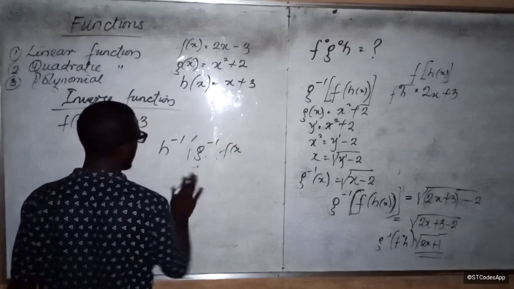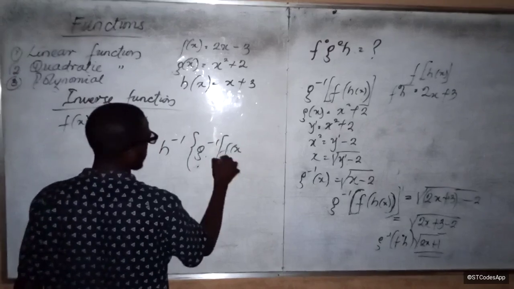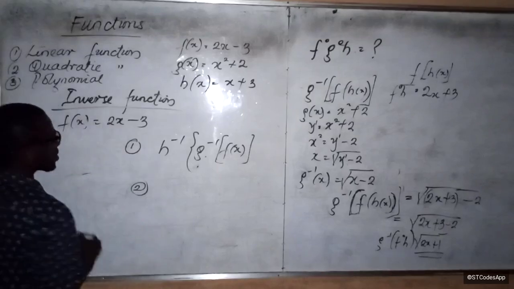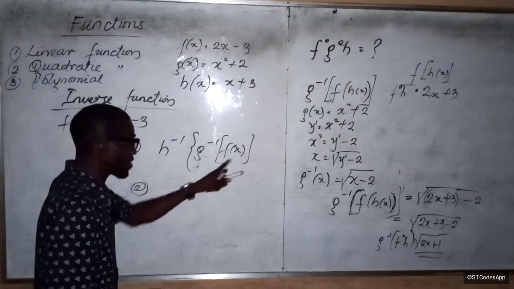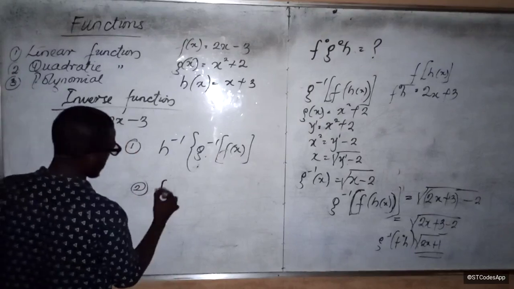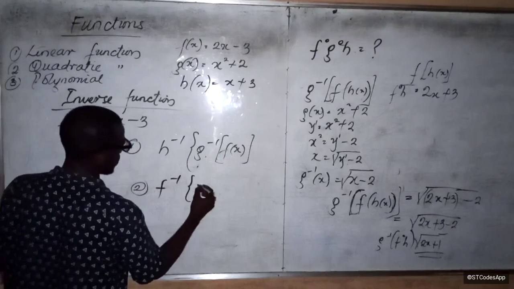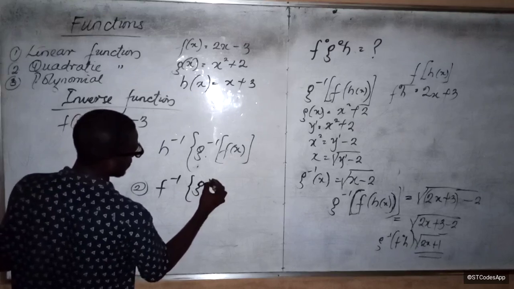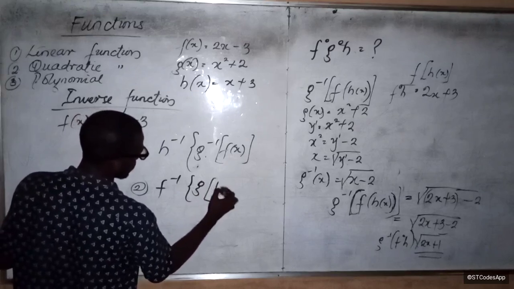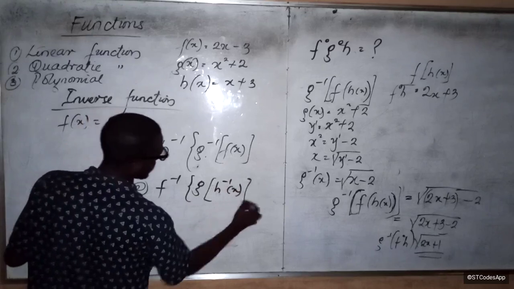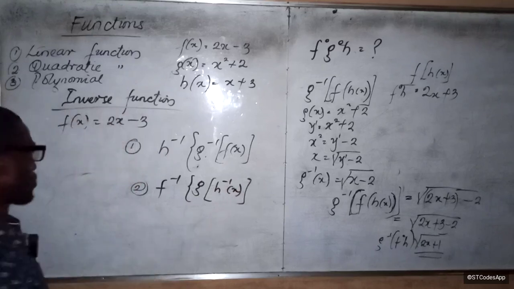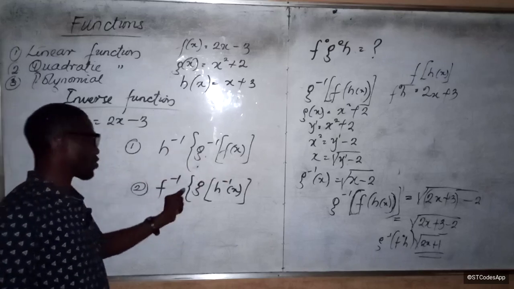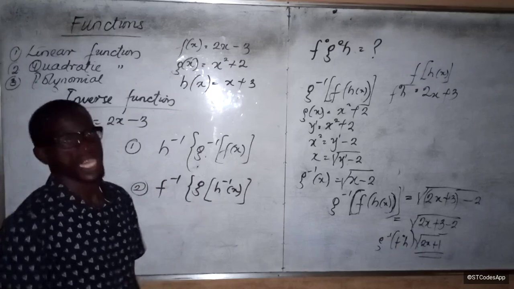Find this, and find this second one: f inverse of g of h inverse of x. So the first one is to find h inverse of g inverse of f of x, and now find f inverse of g of h inverse of x.